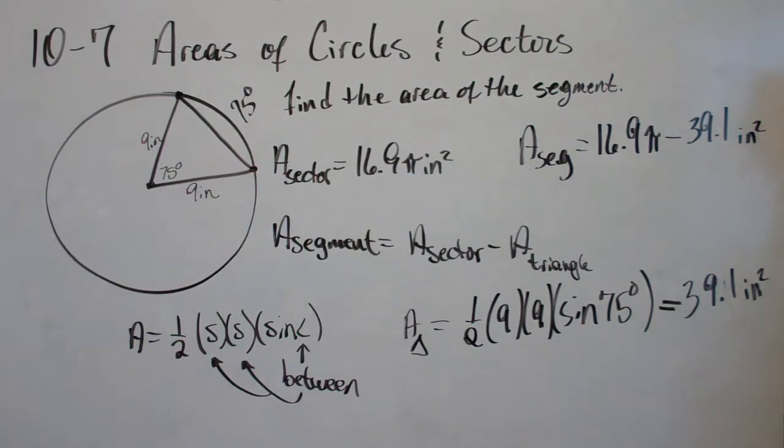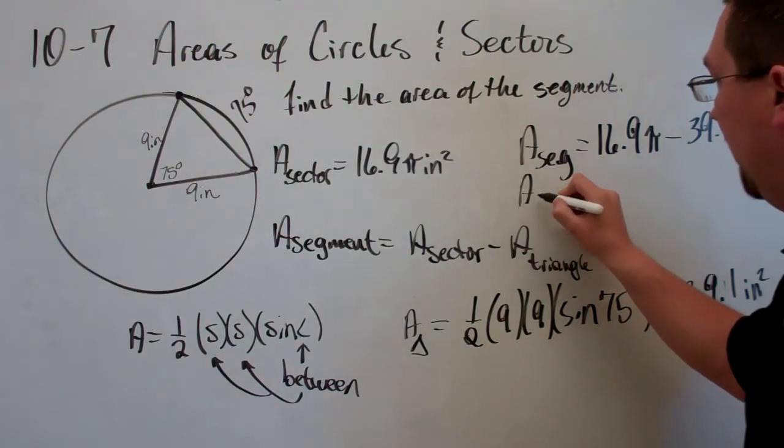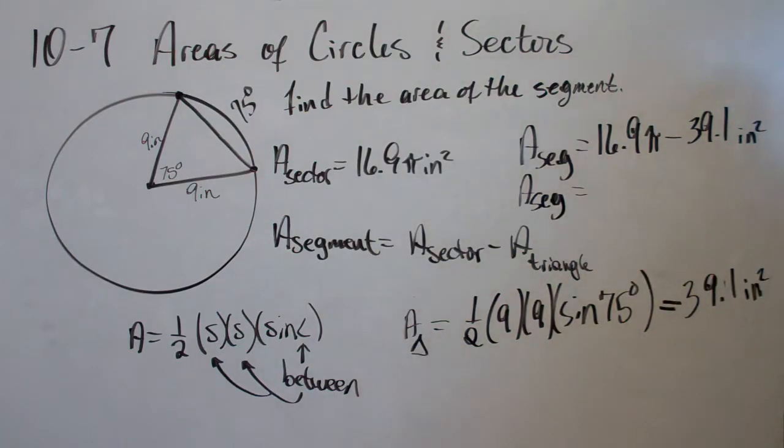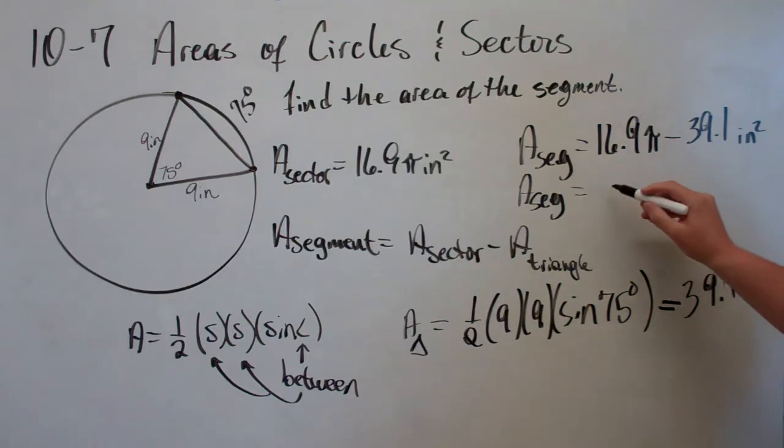But if they don't say leave it in terms of pi, if they say round to the nearest tenth, then the area of your segment would simply be, type this in, 16.9, hit that pi key on your calculator, and then just go minus 39.1, hit enter. It'll take care of multiplying this by pi first, and then subtracting the 39.1.